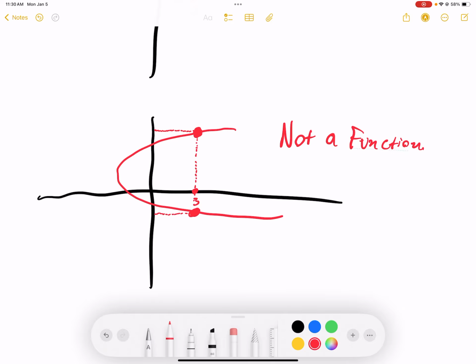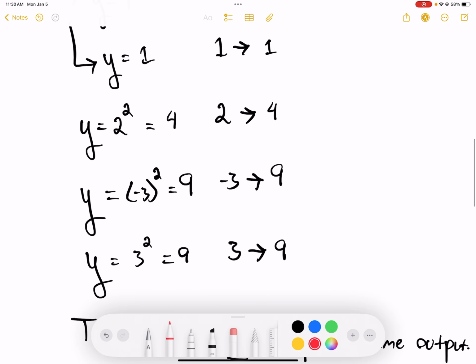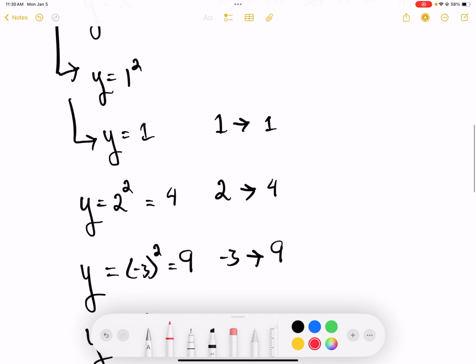So graphically, you can determine whether or not something is a function two ways. You can find an example where you got one input that gets you two different outputs.